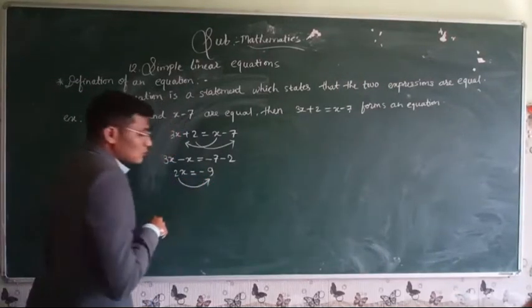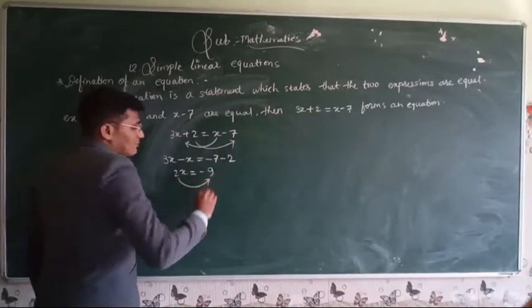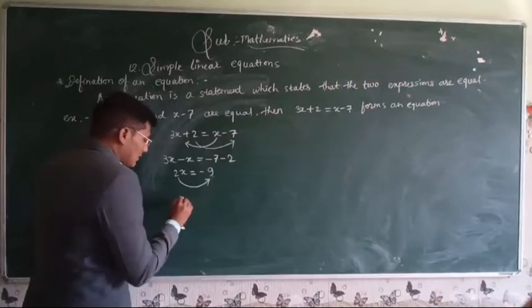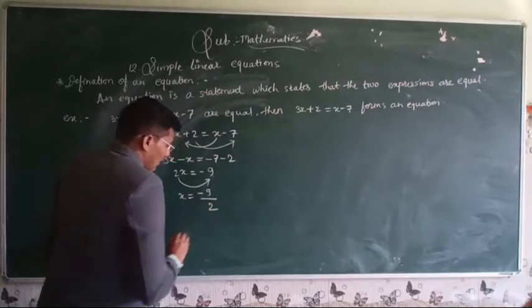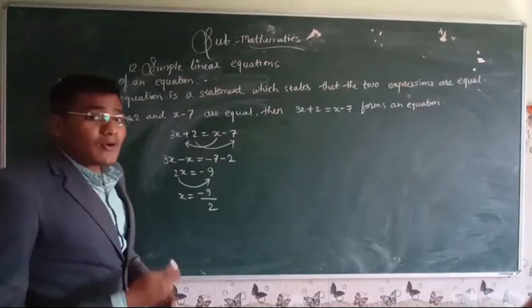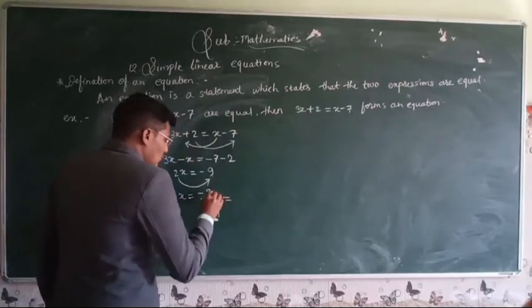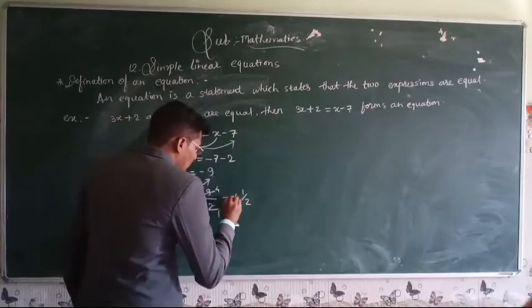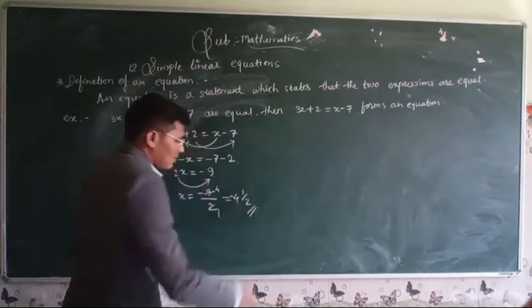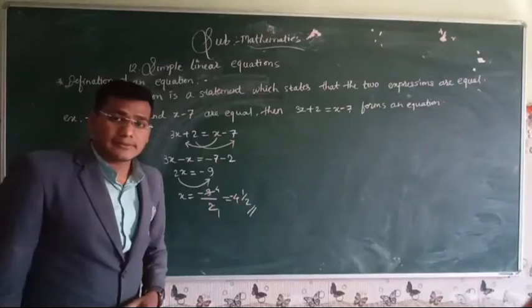When this 2 goes to the RHS, since it was multiplying, it will divide. So the final answer is x equals minus 9 by 2, which we can write as a mixed fraction: 2 fours are 8, leaving minus 4 and 1 by 2, that is minus 4 1/2.